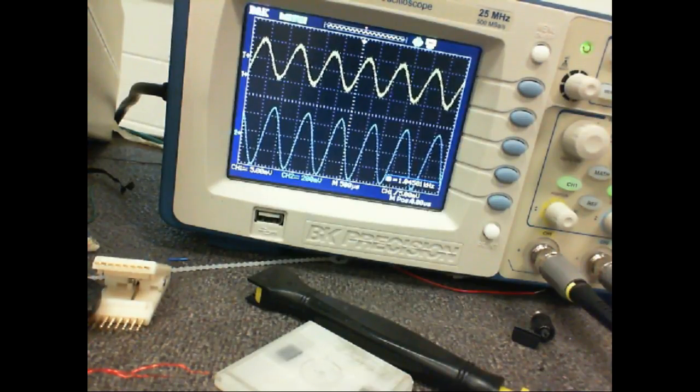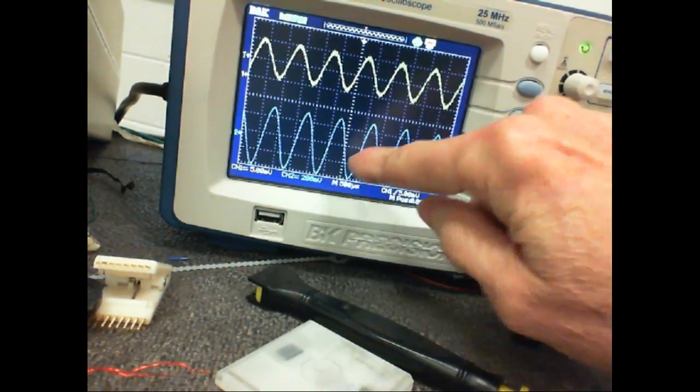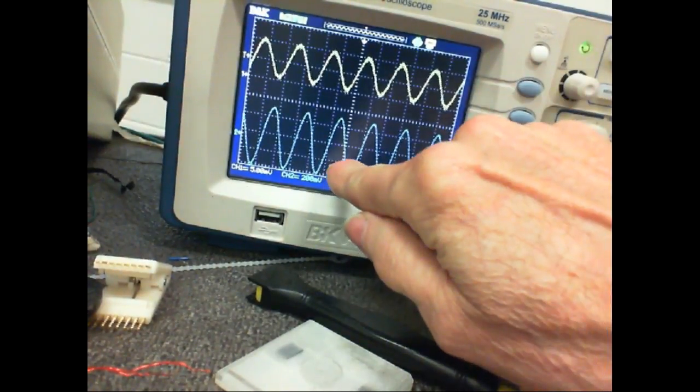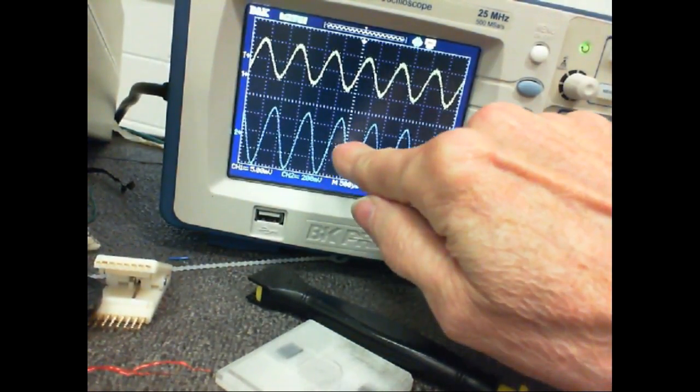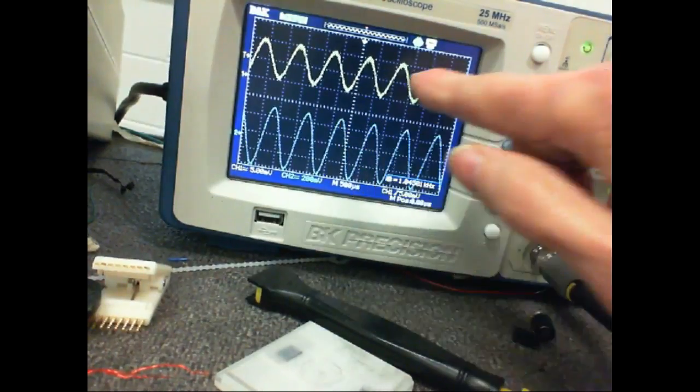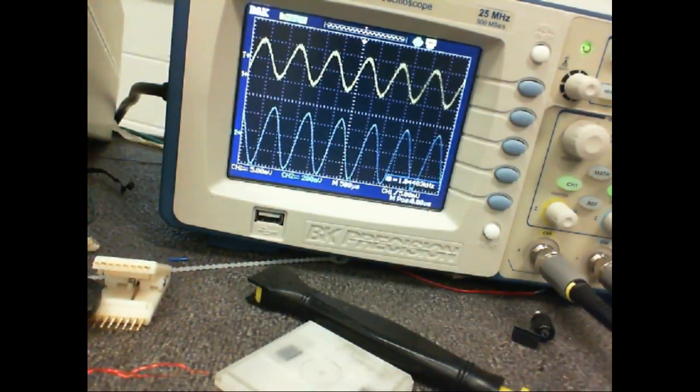I've got it on 200. 6.6 times 200 millivolts is 1.3 volts.